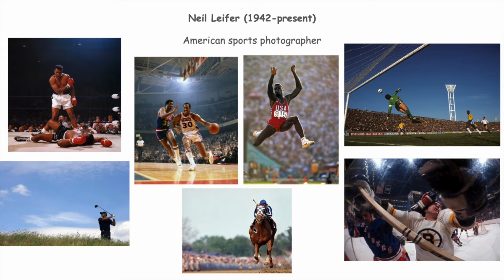And what I'd like to bring to your attention is, first of all, if we look at that photo of Muhammad Ali, we'll see that this image really shows a narrative of what has happened in that game. Muhammad Ali is standing above his opponent, towering down. He looks quite aggressive.